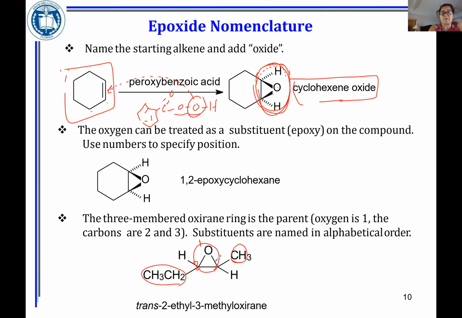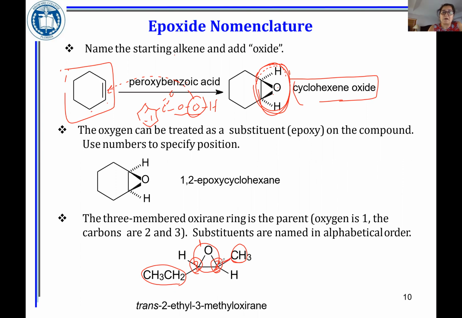Because you have two substituents, you are going to look for alphabetic order. So you have an ethyl group. So instead of going 1, 2, 3, you would go 1, 2. You would assign the 2 to the carbon that carries the ethyl group rather than the methyl group. Then you can name it.